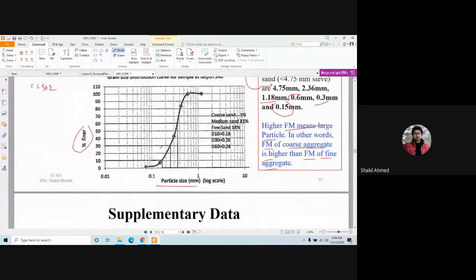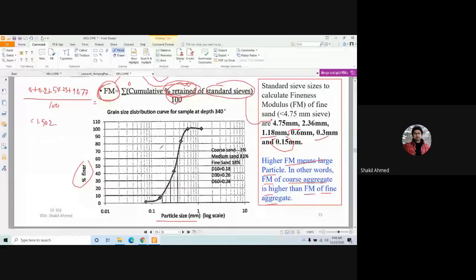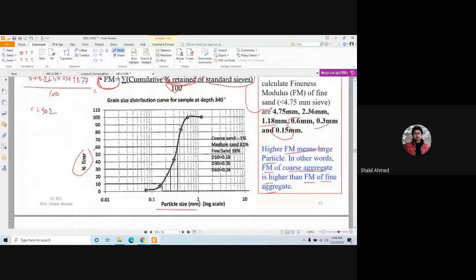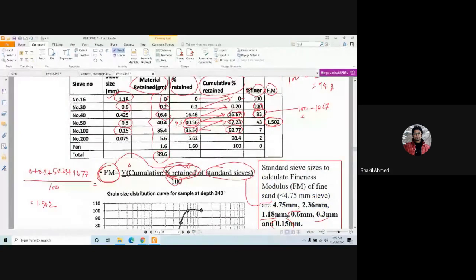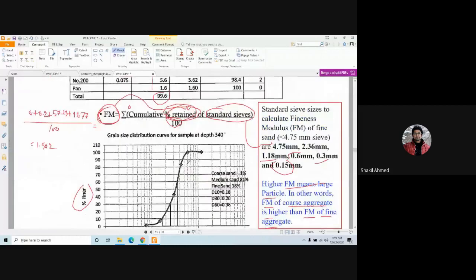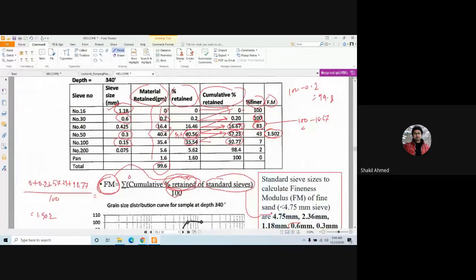Now, if we draw the grain size distribution graph from here, on the y-axis you put percent finer, and on the x-axis you put particle size. That means this is the particle size corresponding to this percent finer.